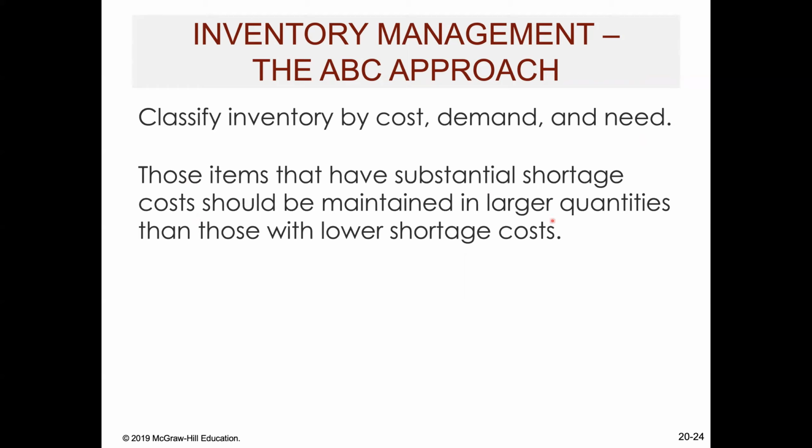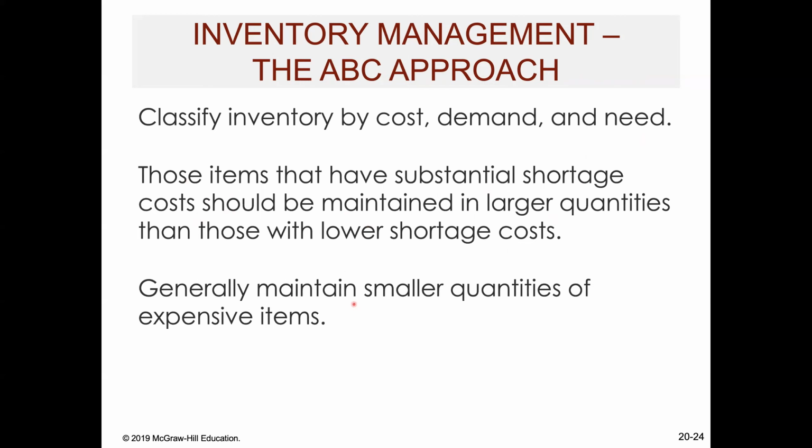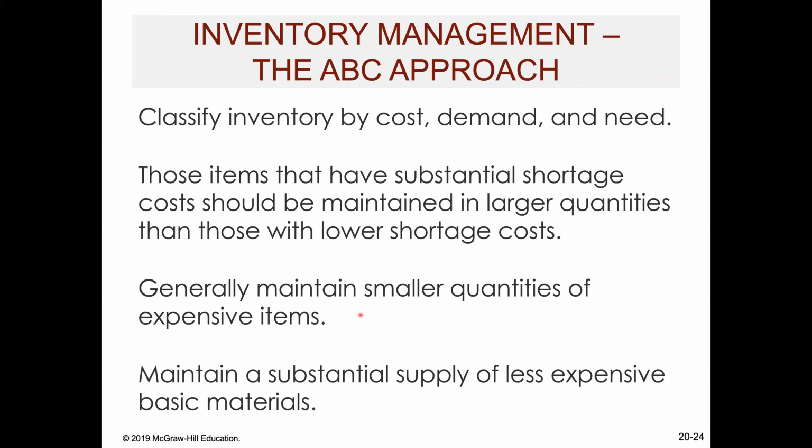Those should be maintained in larger quantities than those with lower shortage costs. Generally, we maintain smaller quantities of expensive items. We don't want a whole bunch of expensive items sitting around. We, however, want to maintain a substantial supply of less expensive basic materials, things that we're going to reuse and reuse and reuse.